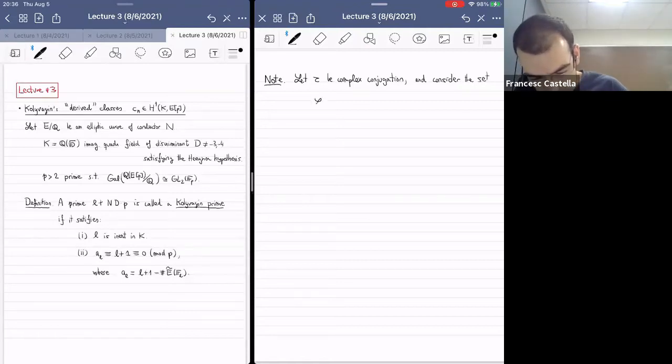That will denote L sub E, consisting of all the primes not dividing N, D, or P, for which the Frobenius element is, okay, for this field.